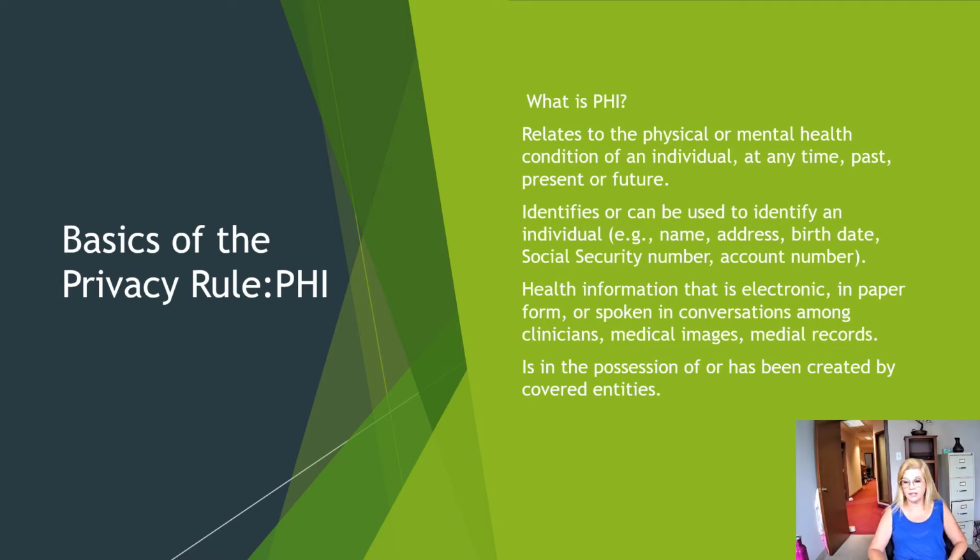Health information can be electronic, in paper form, spoken in conversations among clinicians, medical images, and medical records; it is all PHI. Anything that is in the possession of or has been created by covered entities is considered protected health information.